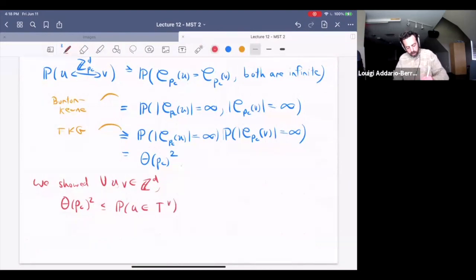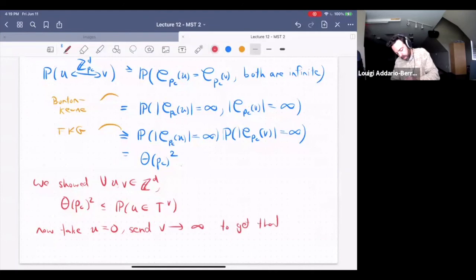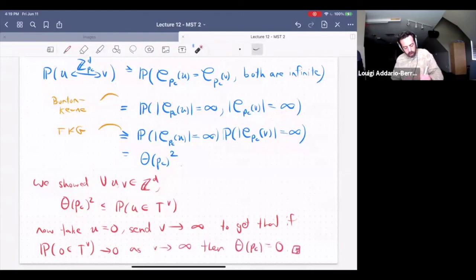And so now I can just take u equal to 0 and send v to infinity, to get that if the probability that the origin is in TV tends to 0 as v tends to infinity, then theta of PC must be equal to 0, because we have arbitrarily small upper bounds on it.